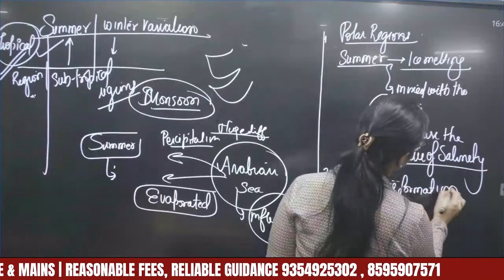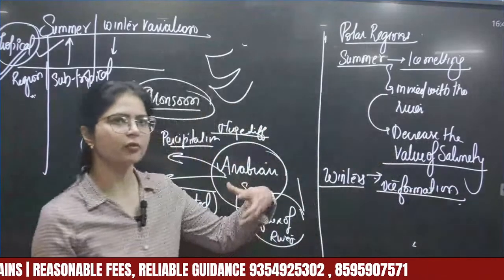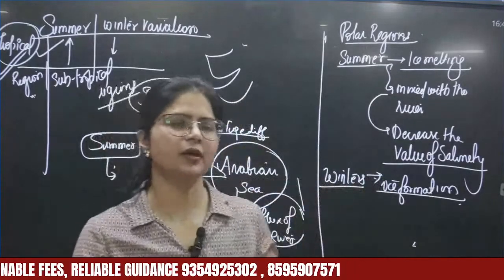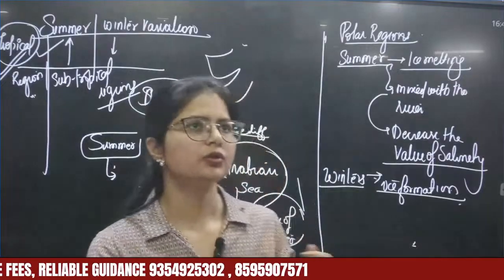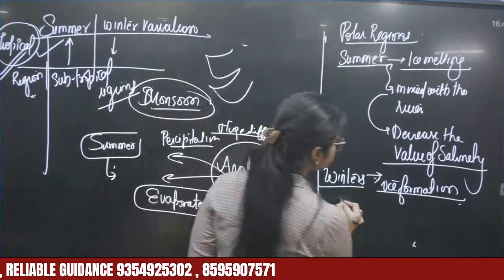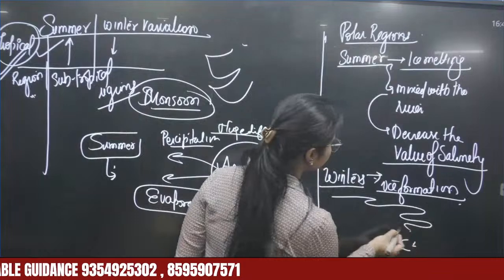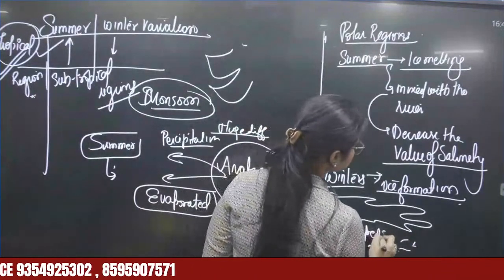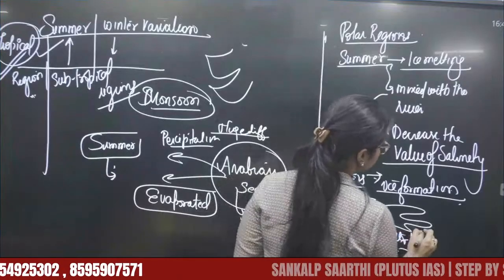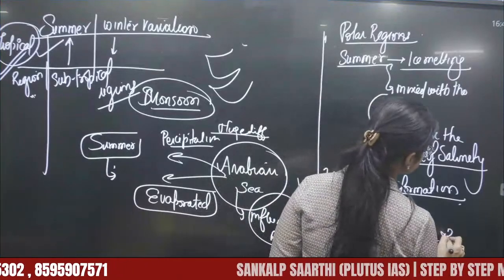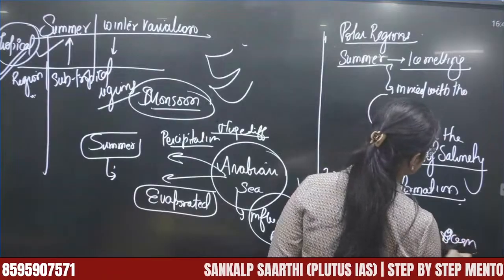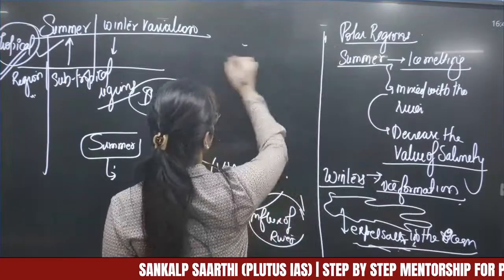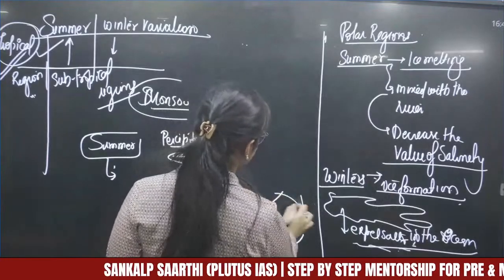And ice formation will do what? Whenever ice forms, it forms without the salts. Ice formation is always without salts. So these areas would get frozen and it will expel salts into the ocean, and hence it will make the surrounding area more saline. Please understand, we are talking about polar regions.